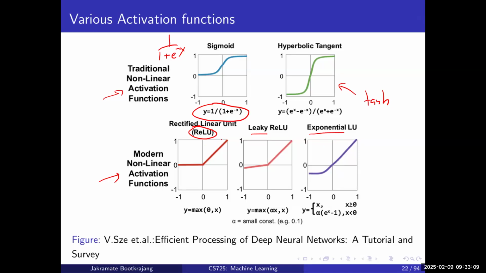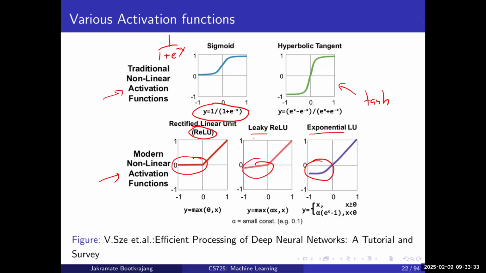So the difference between the traditional and the modern is that in the modern, whatever is less than zero, you try to not send anything besides zero.